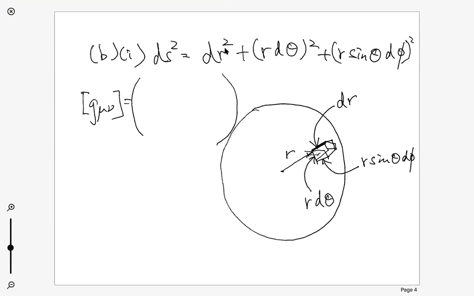Can anybody quickly tell me? If I assume that this is g_rr, this is g_theta theta, this is g_phi phi, then what is the actual value?